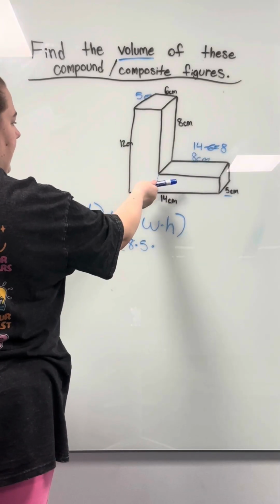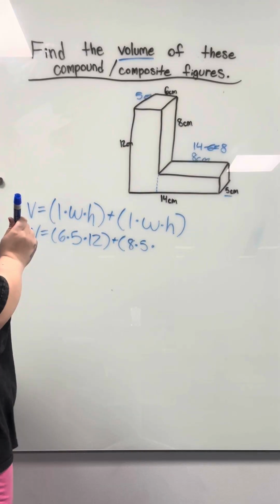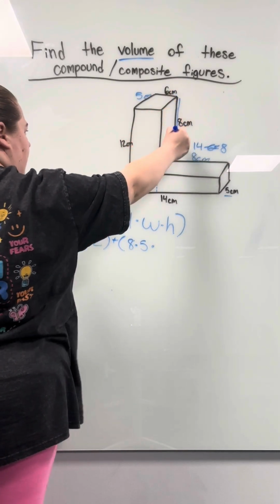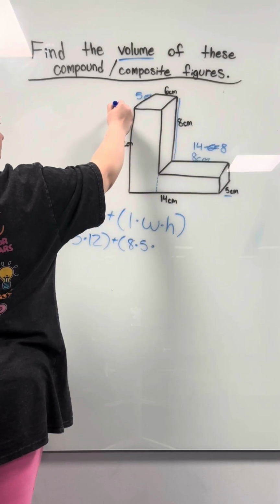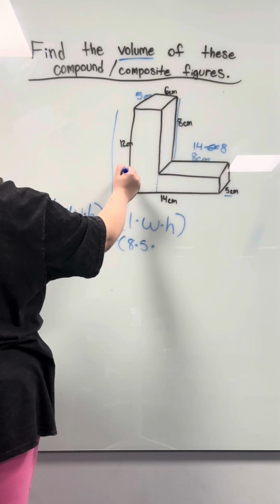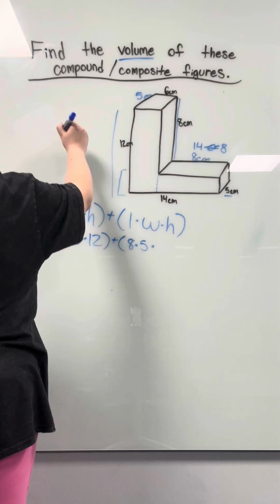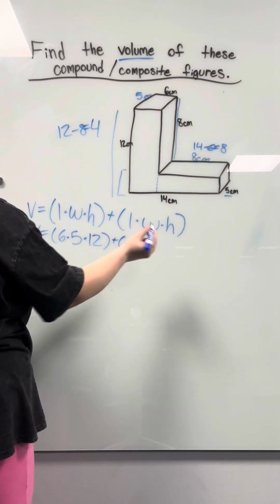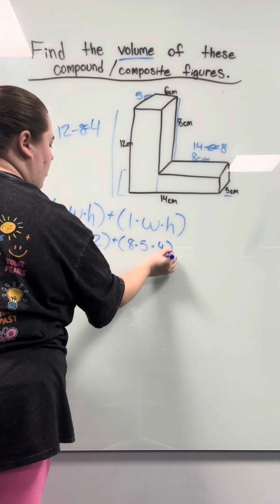And we don't know our height either. So we need to subtract 8, which is the length right here, from our 12 right here to get this little area. So 12 minus 8 equals 4. So that would be times 4.